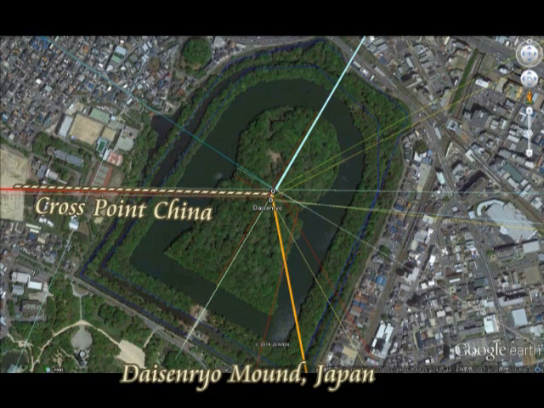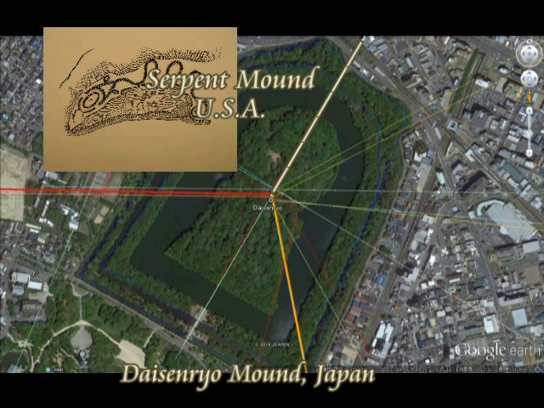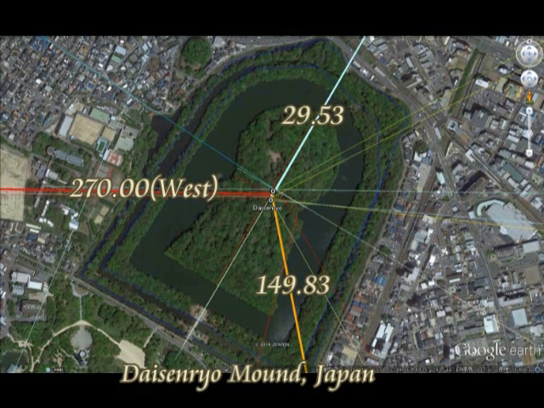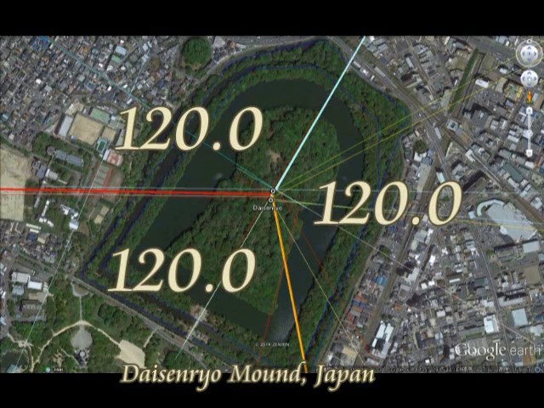And this is the line between Cross Point and Daisenryo Mound. And this line down to left will take you to Mount Rapef in New Zealand, and up to right, Serpent Mound. The angles between them are almost 120 degrees each.